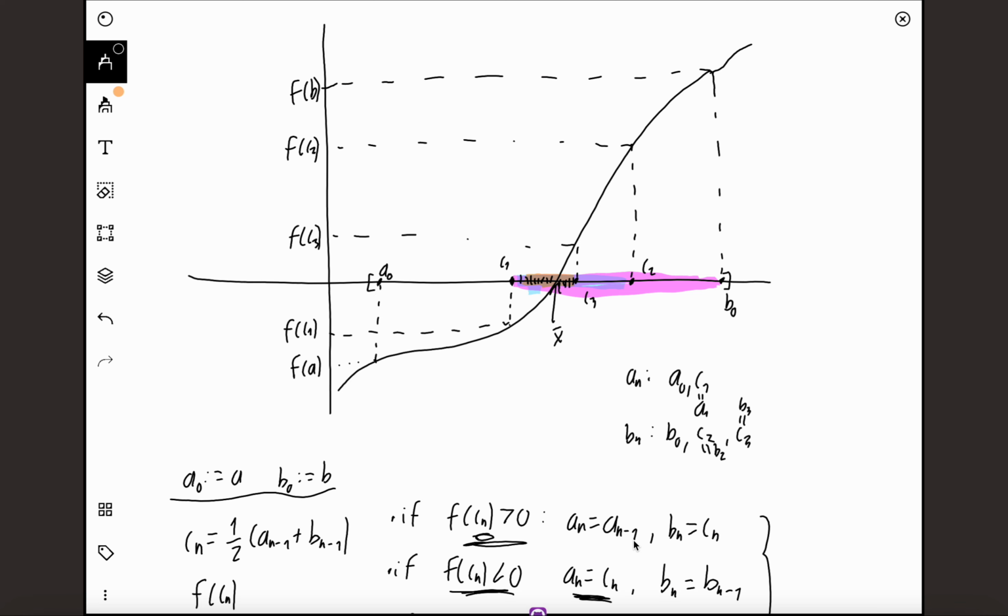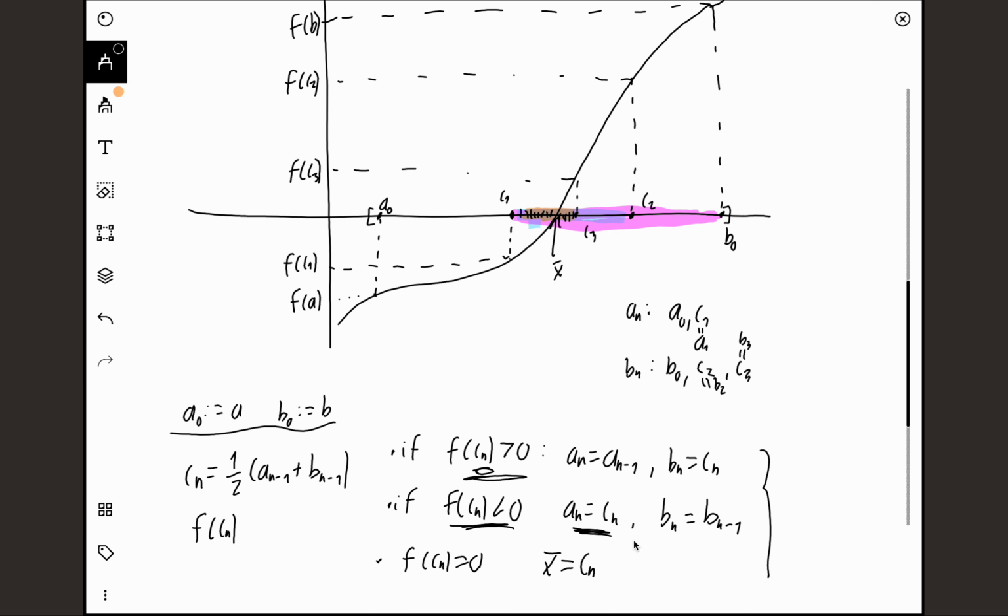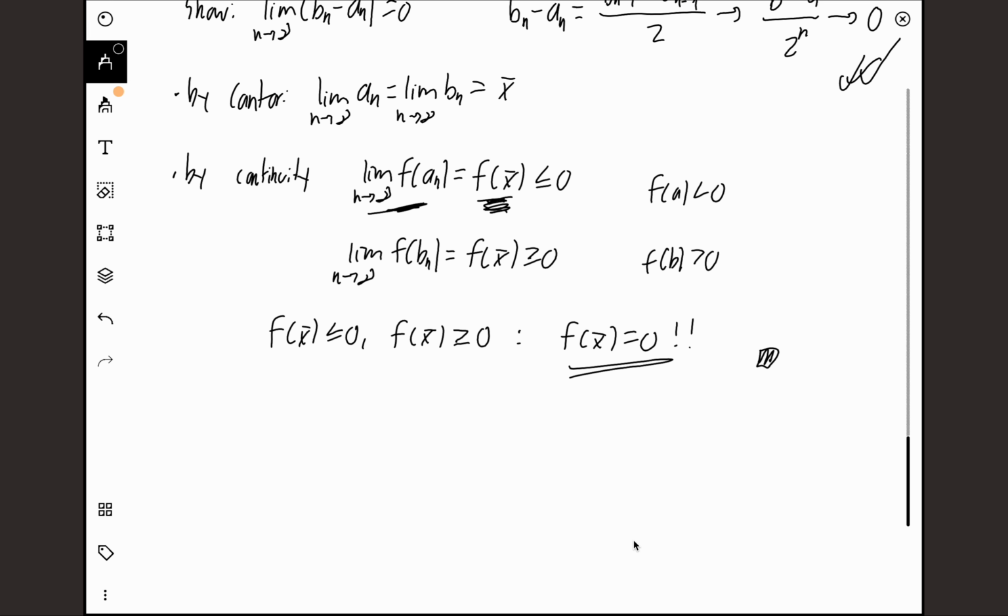And because f of a is negative and f of b is positive, or f of b could be positive, it doesn't matter, but one of them has to be negative, and because of how we defined our algorithm, we show that f of that limit has to exist and has to equal 0. So for any function, we can use this algorithm and find the limit, and that limit has to equal 0. So we prove the statement, and that's the end of the proof.